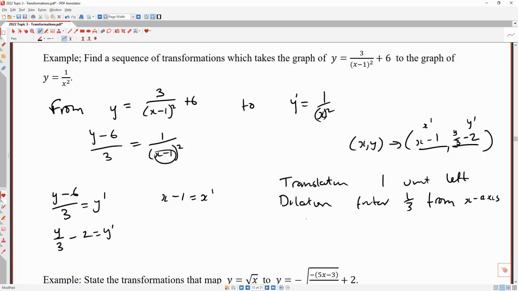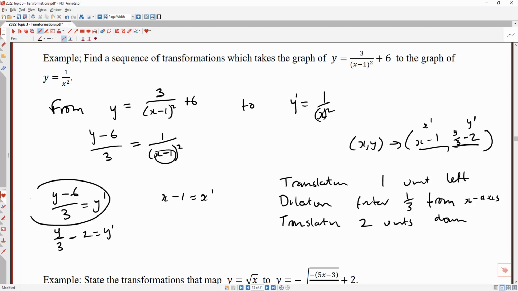And this one here would be a translation 2 units down. Now again, how do I know that the translation comes after the dilation? Well, I can see that we start with y, it gets multiplied by 1/3 and then has 2 subtracted from it. So I just read off in order that the expression is built up.